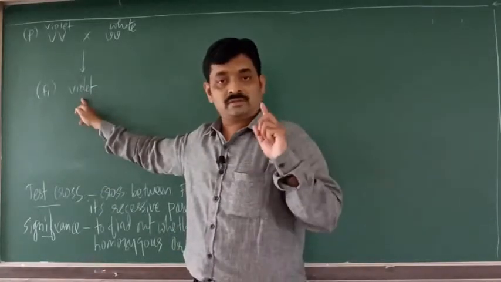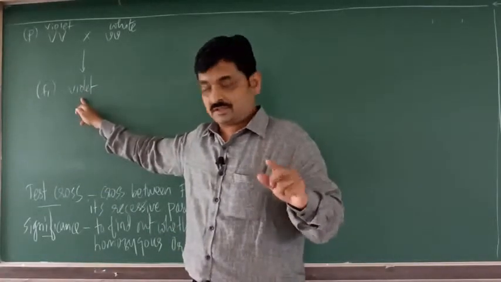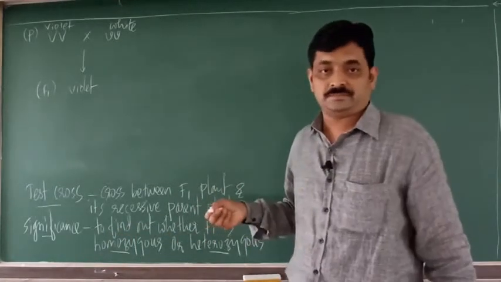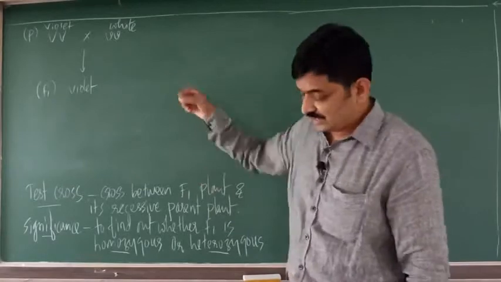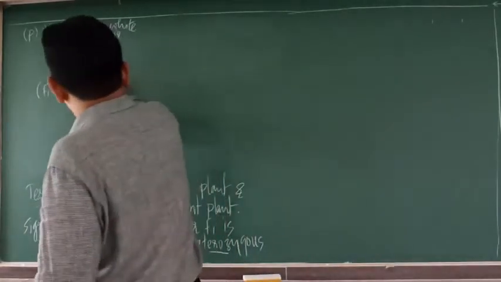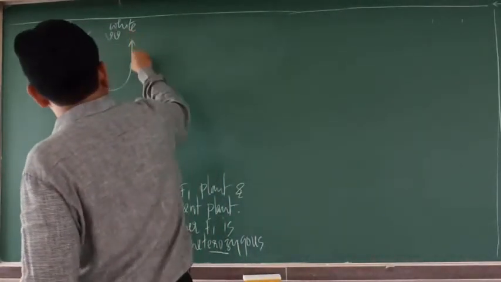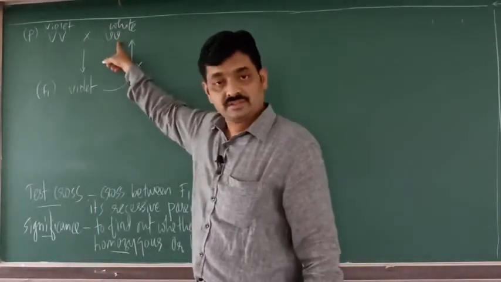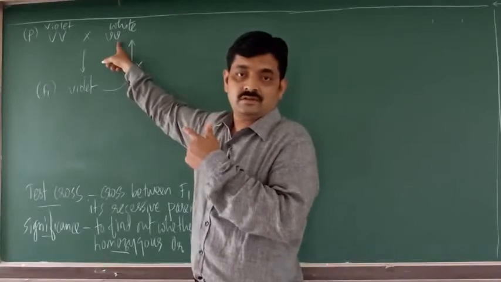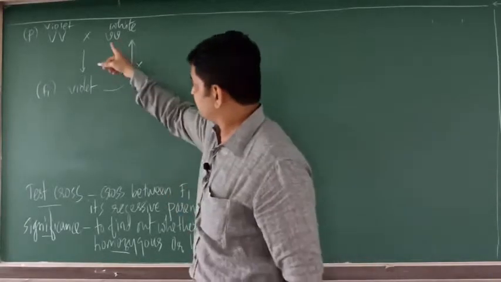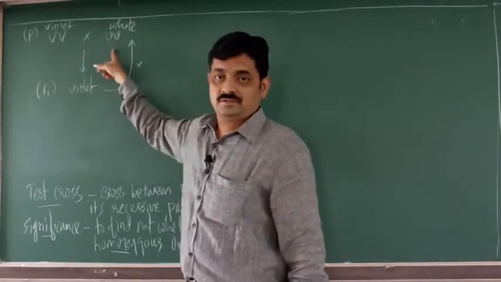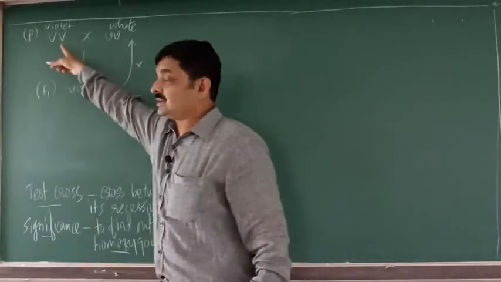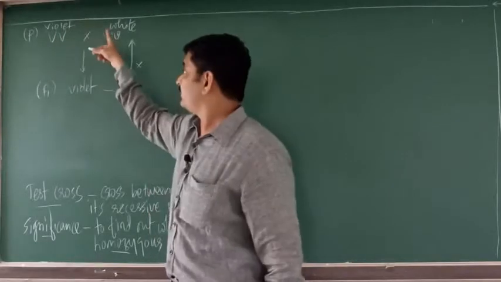Now, when you are doing this actually in the field or in the garden, how to find out whether this F1 is homozygous or heterozygous? To do that, what is done? This F1 plant is crossed with the recessive parent plant. Here these are two parent plants. This parent plant is dominant and this is recessive.